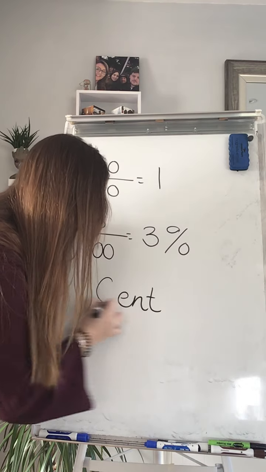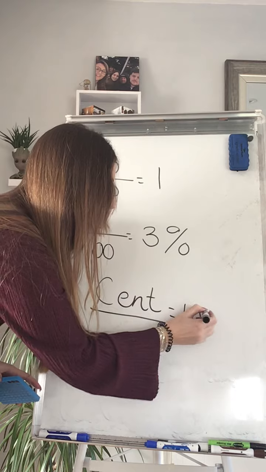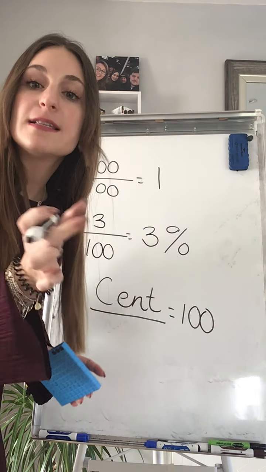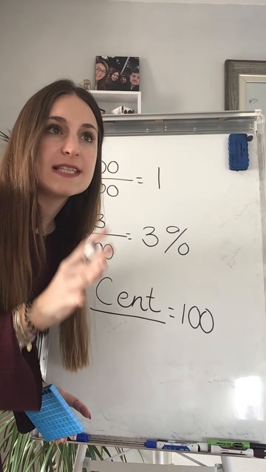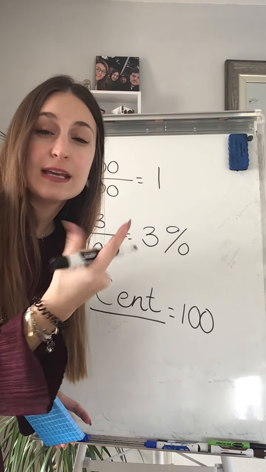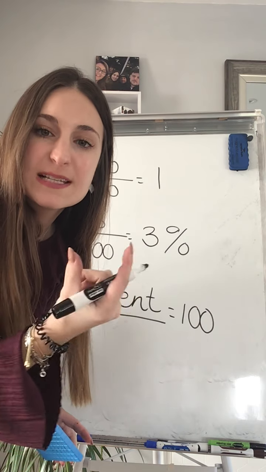So do you remember when I say cent, what is cent? Yeah, it is 100. And you can think of cent as century, and then it's 100 years. You can think of cent as, when you're thinking of centimeters, 100 to get 1 meter.